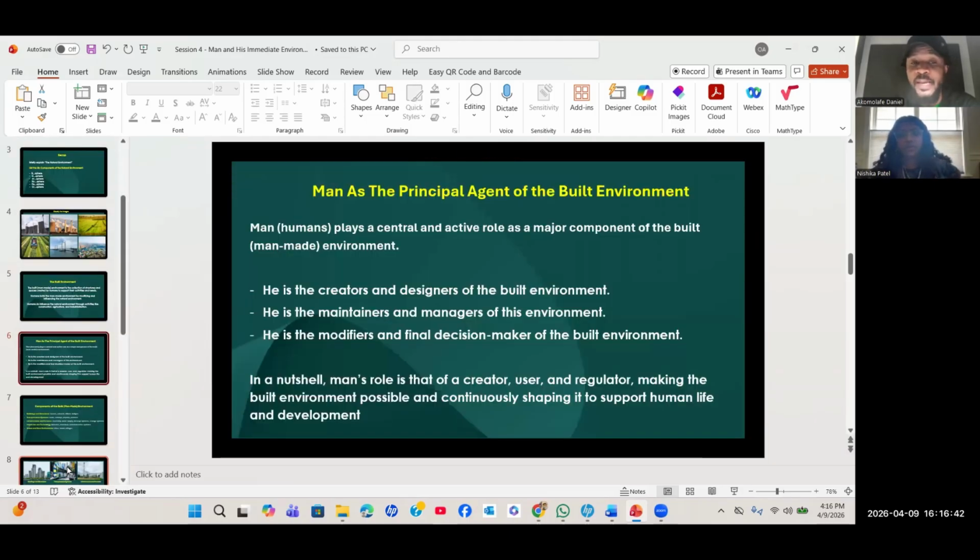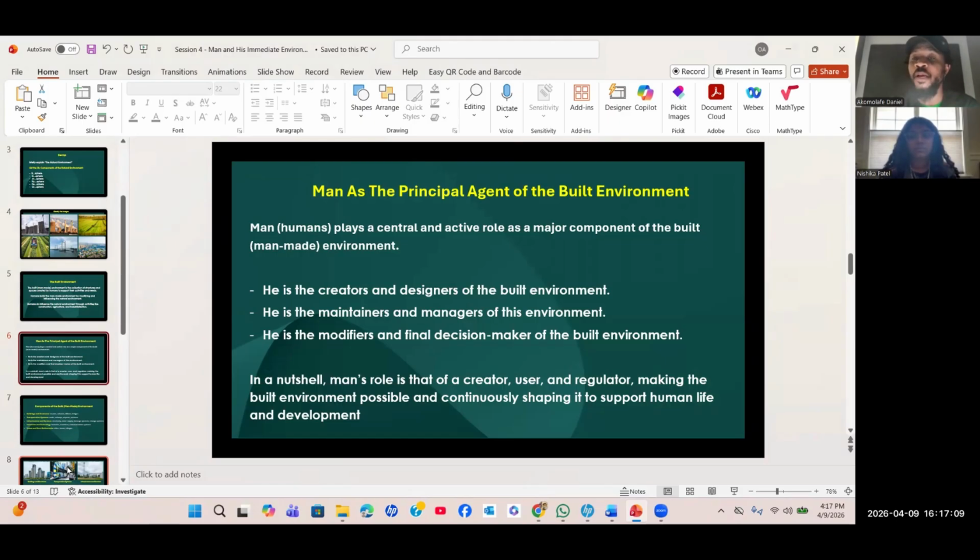So we'll move to the next slide, which says man as the principal agent of the built environment. Man plays a huge role in building the environment. Without man's impact, nothing can be built, nothing can be influenced. If man chooses not to influence the environment, then the environment will remain in its original state.